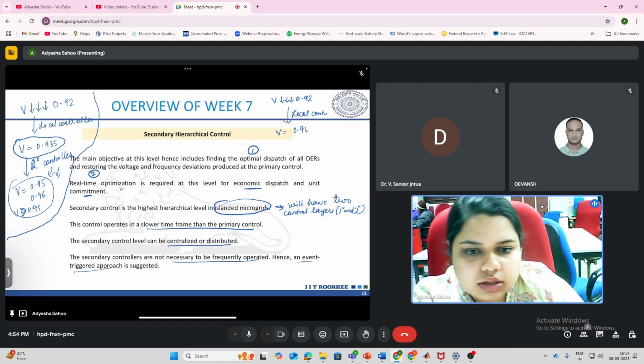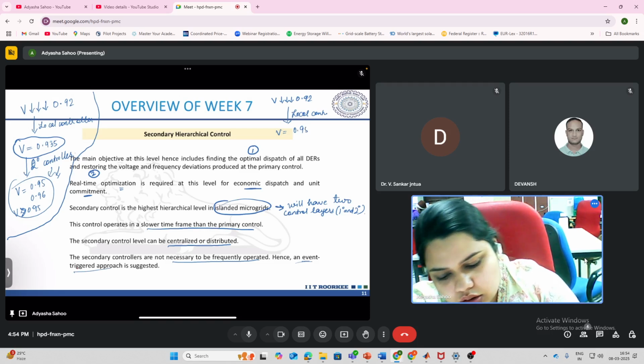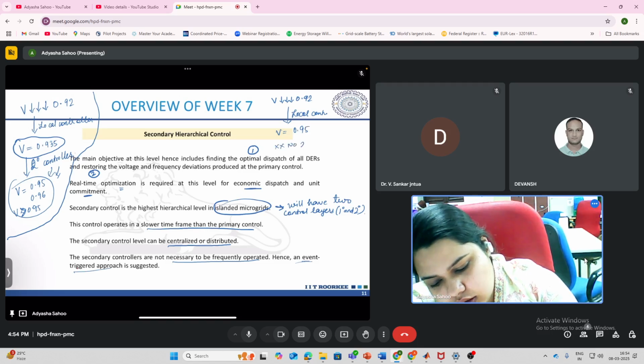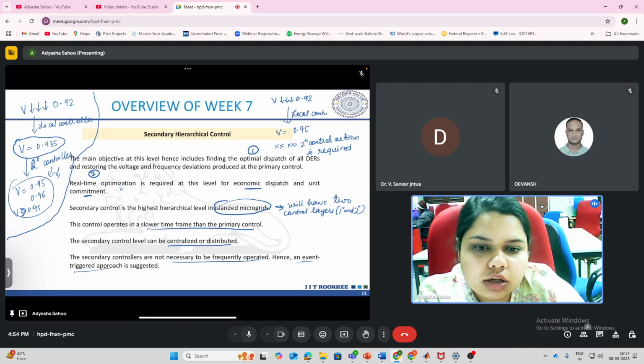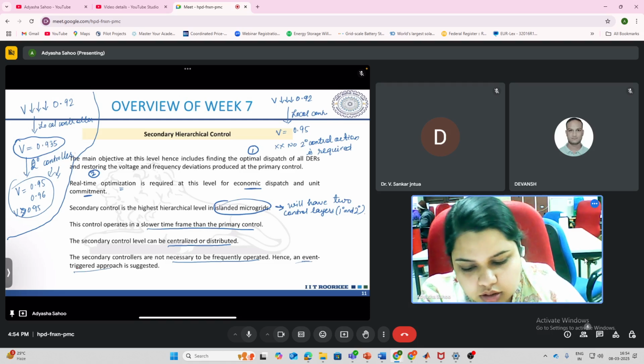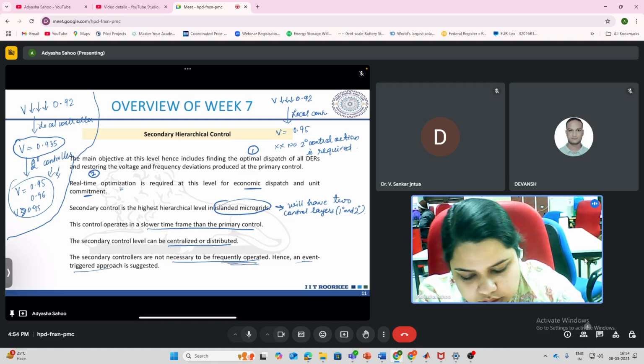Now the voltage is within the limit, so no secondary control action is required, because the local control action alone was enough to bring the system back to acceptable limits. Hence the secondary control layer will not always be operated.